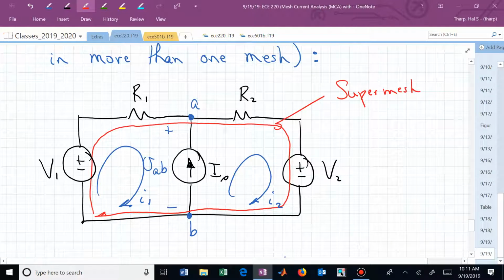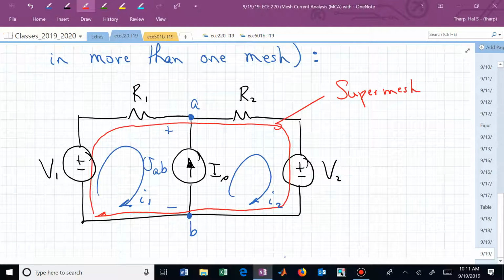And I could have immediately, when I see that that current source is common to two meshes, I could say, oh, I need to create a supermesh and just write one KVL equation around that supermesh, and then I'll have to write a constraint equation to give me the additional equation needed to solve for the unknowns.